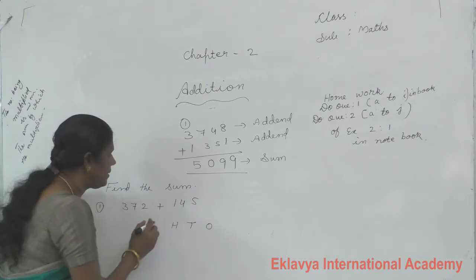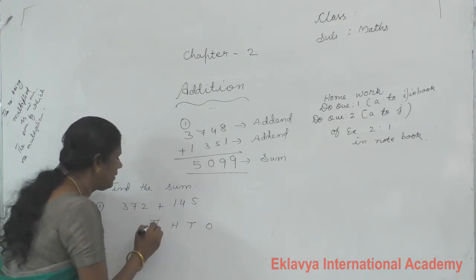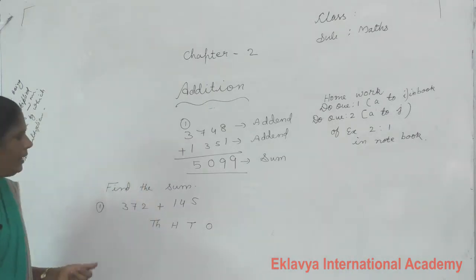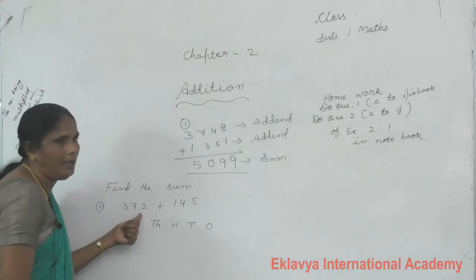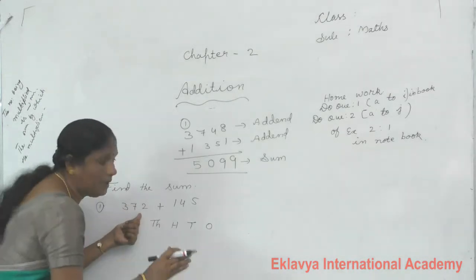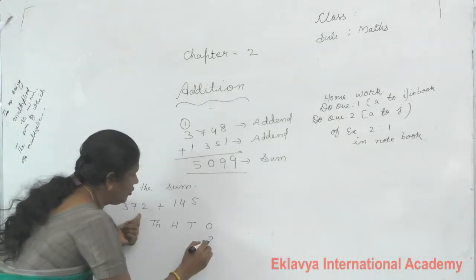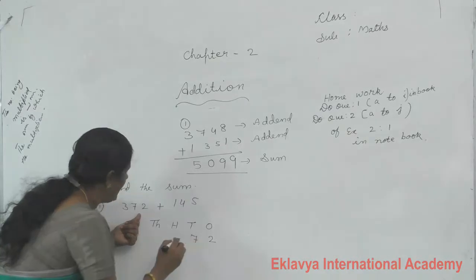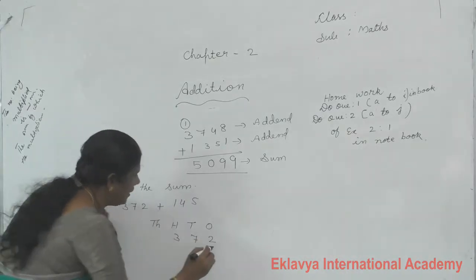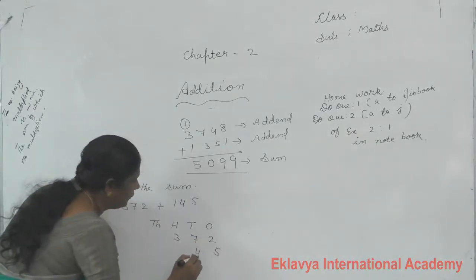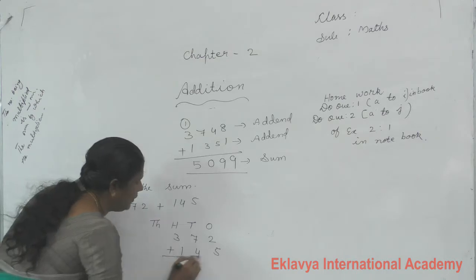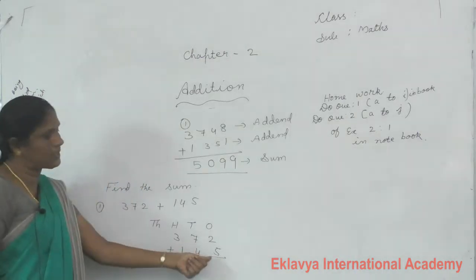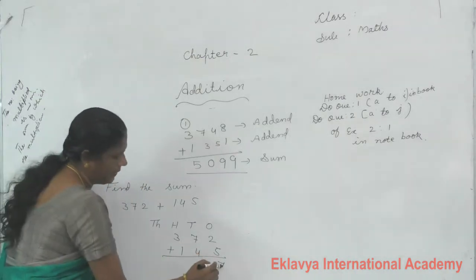Here, one place extra, you take thousands. Then you start with the ones place: 2, 7, 3, and here 5, 4, 1. Then you add 2 plus 5, 7.